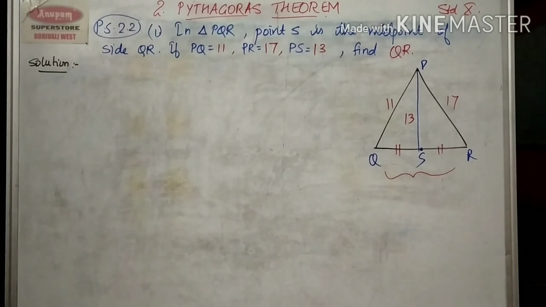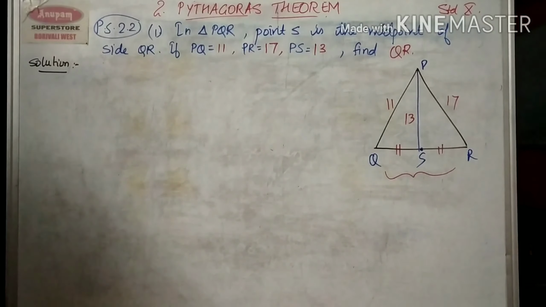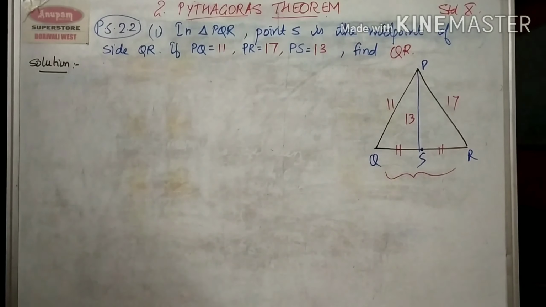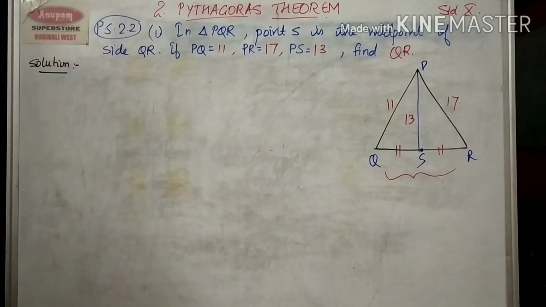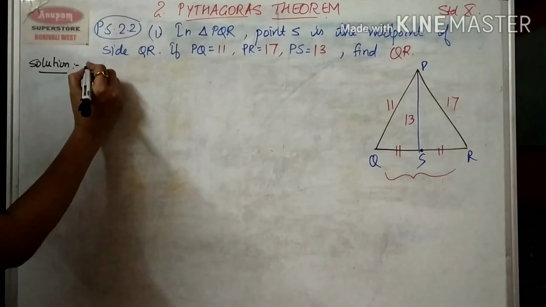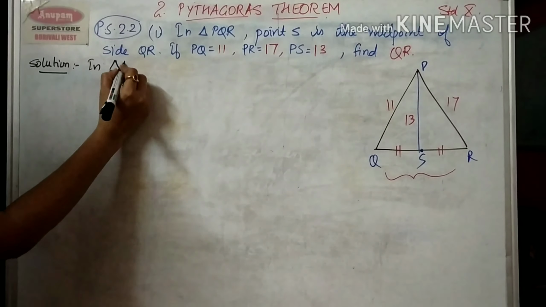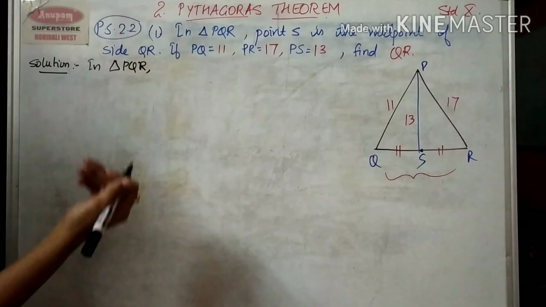If we look at the figure, children, we understand that we cannot apply our Pythagoras theorem here because there is no right angle triangle given here. So we are going to apply Apollonius theorem, the property of Apollonius, and according to which we are going to write down that in triangle PQR, let us write down whatever is given first.